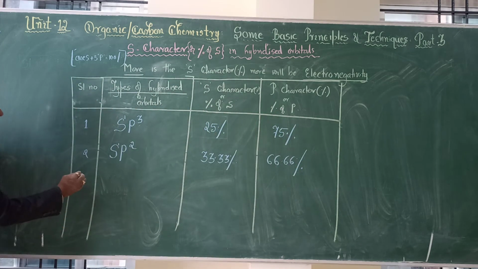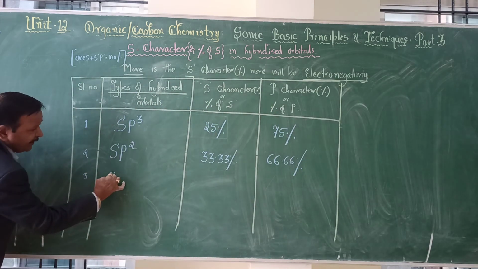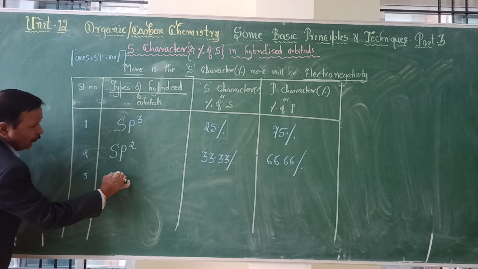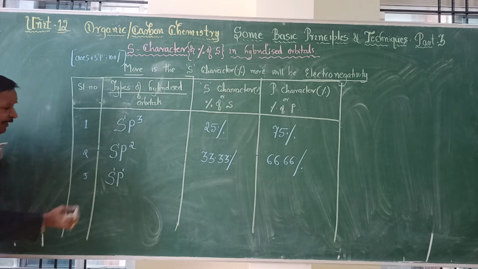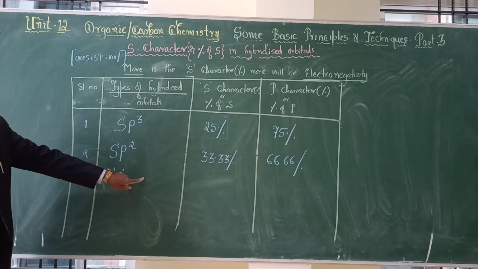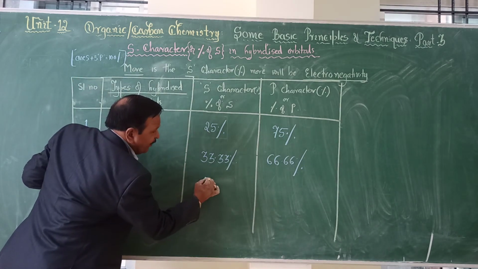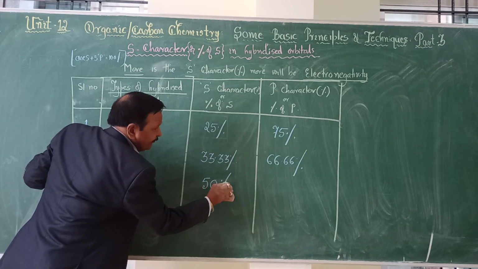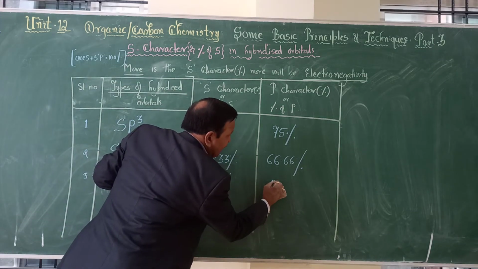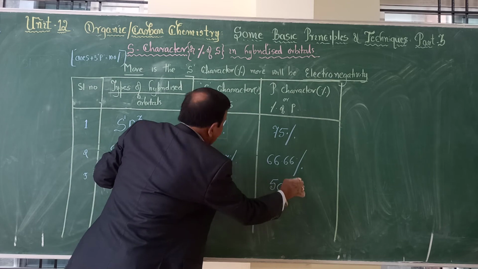Then the third one will be sp. 1 S is there, 1 P is there. 1 plus 1 is equal to 2, and 2 is equal to 100%. So each will be 50%.